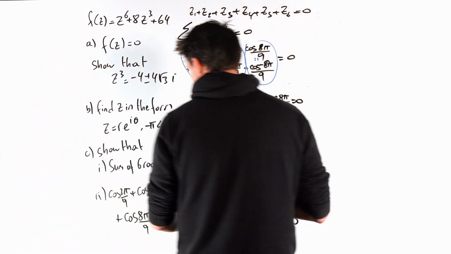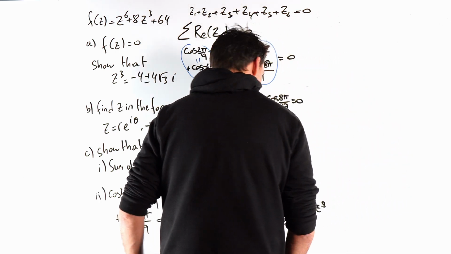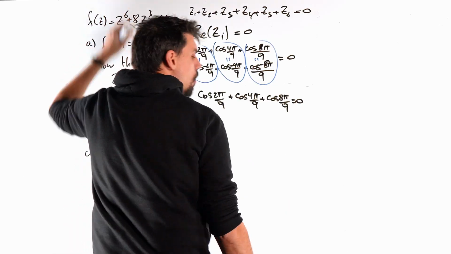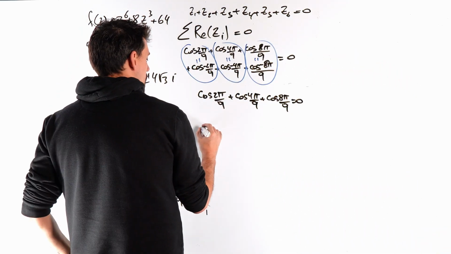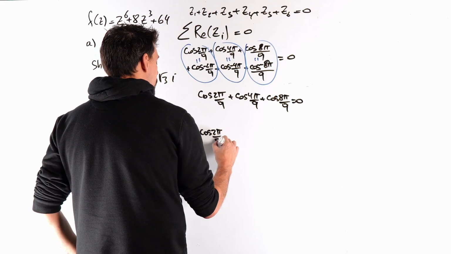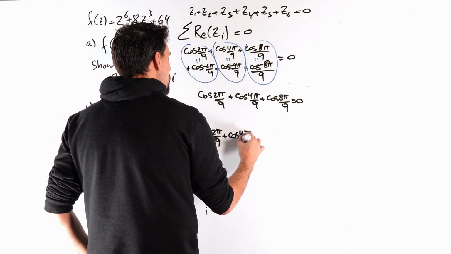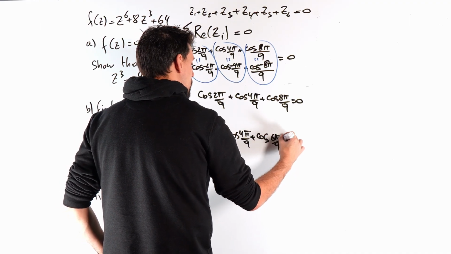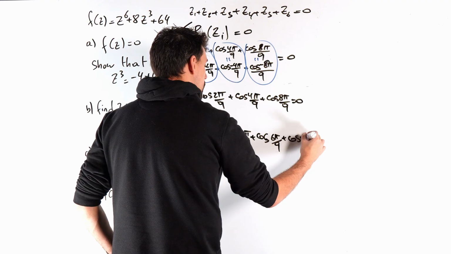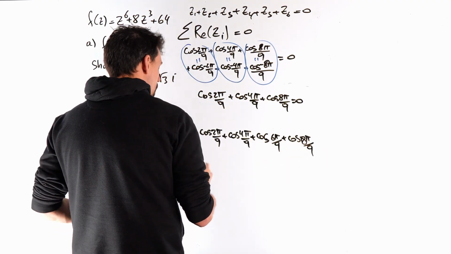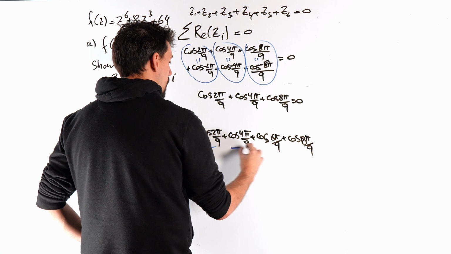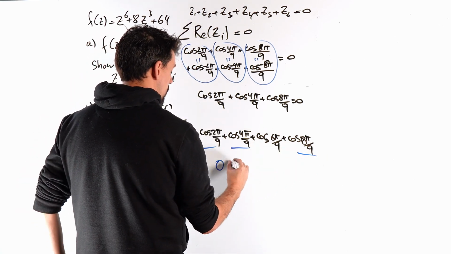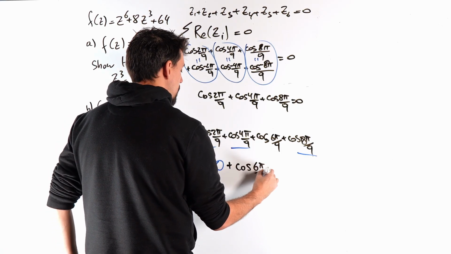Now, if we go have a look at what they've written here then, I don't need this anymore. I've had all my thetas. So what can I now say? Well, if I look at the full expression, that is equal to 0, because those are equal to 0, plus cos of 6 pi over 9.